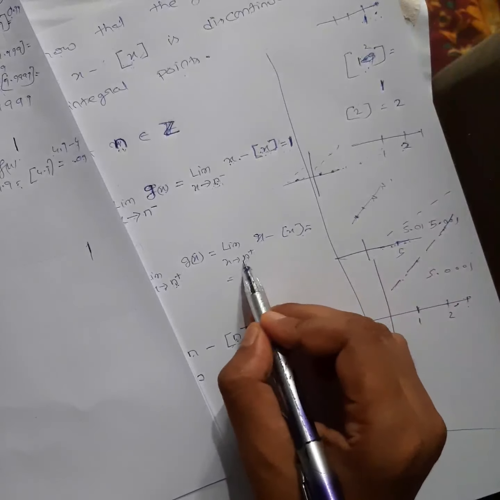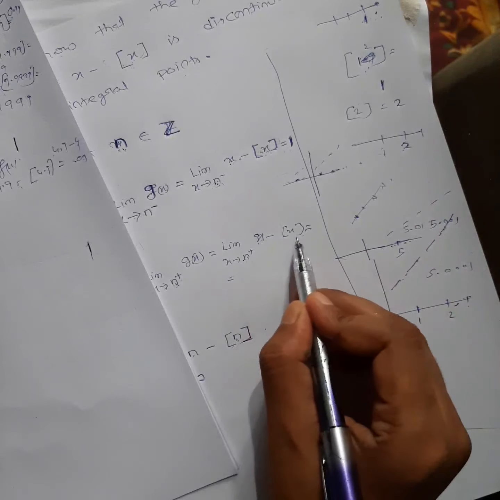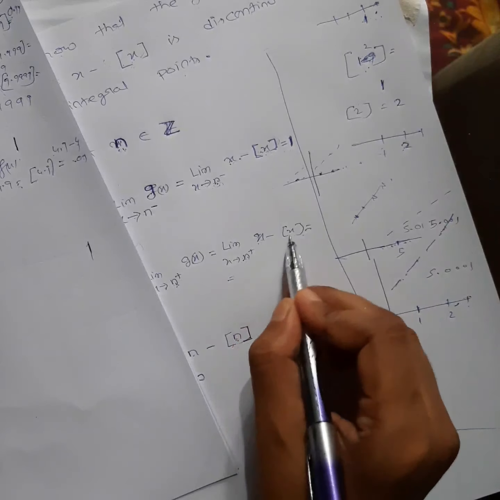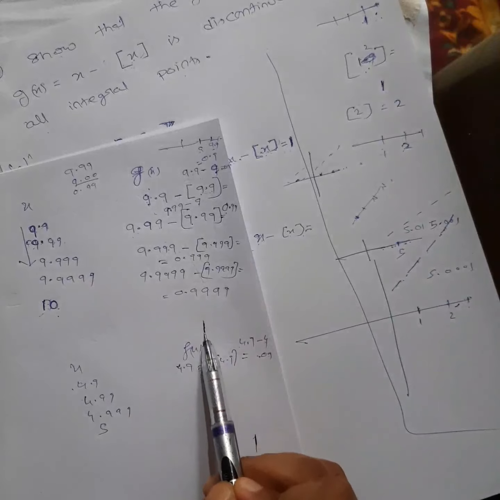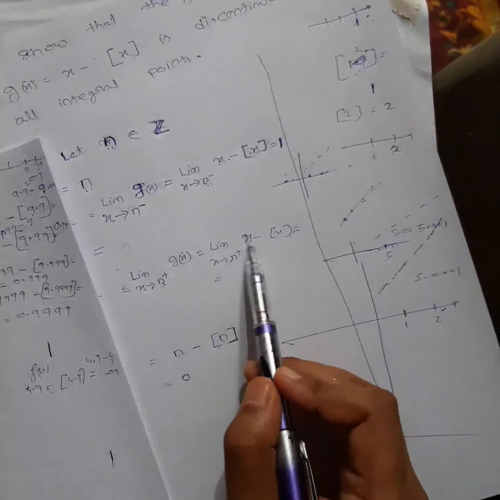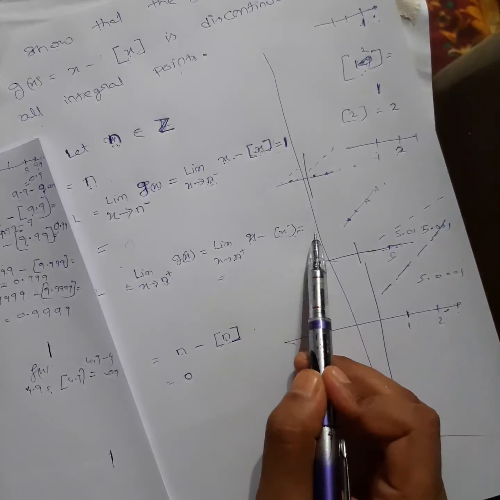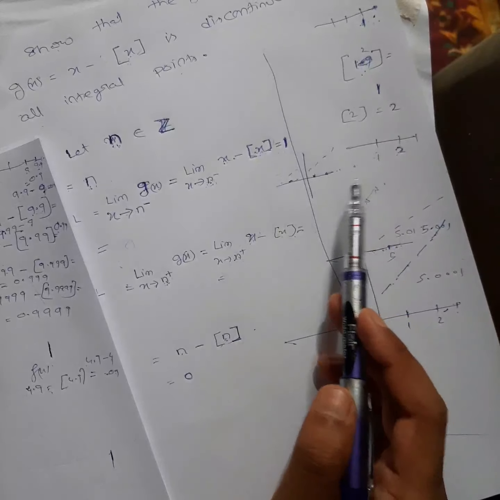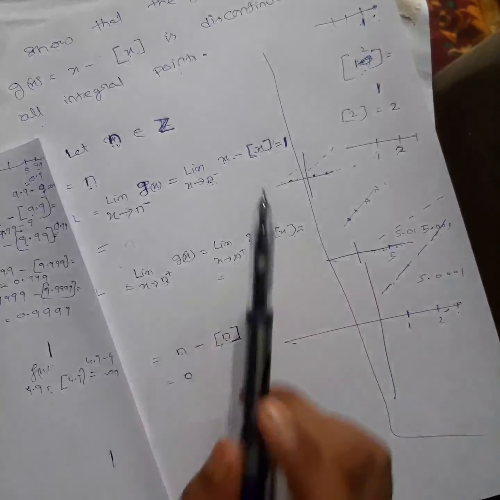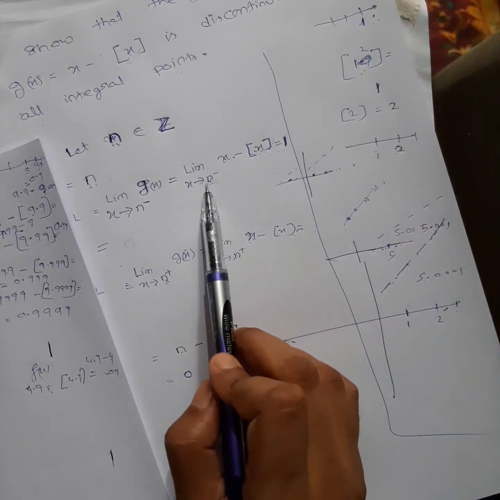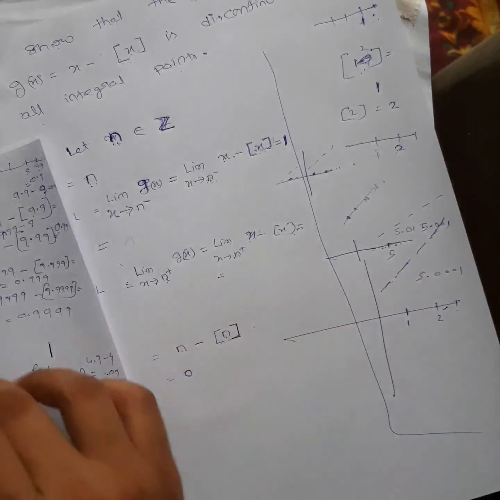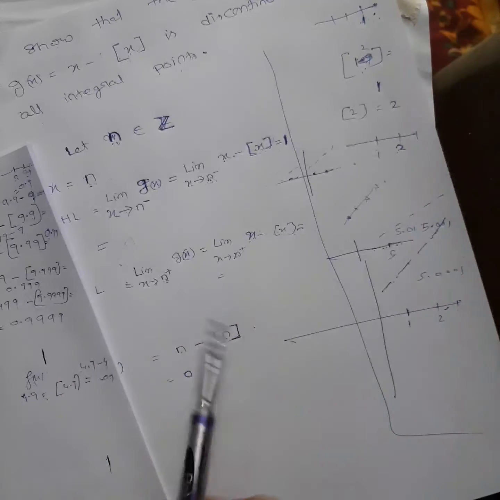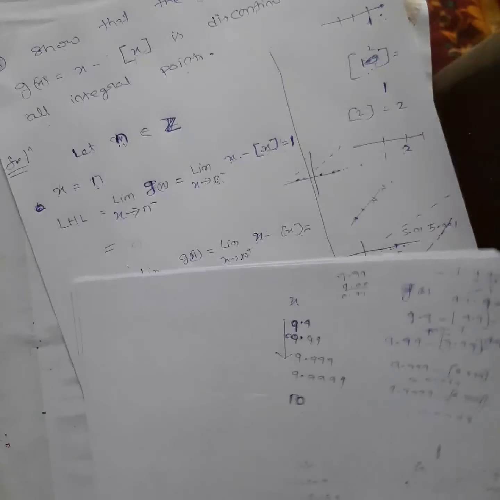And don't put it directly, because earlier in place of x we put n when we saw in tabular form that it approaches 1. But in this case, if you put n directly here, you will get 0, but the answer is 1. With the help of tabular form we have understood that. So in this case also let's try to understand with tabular form.